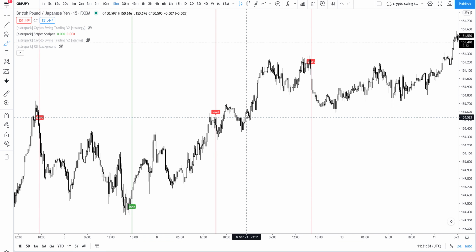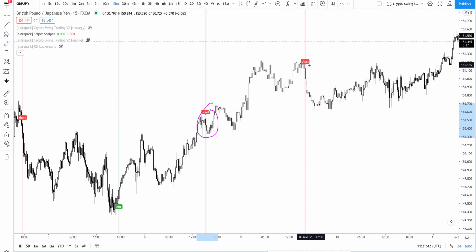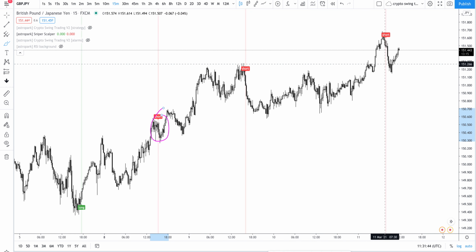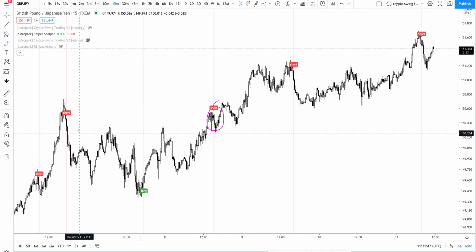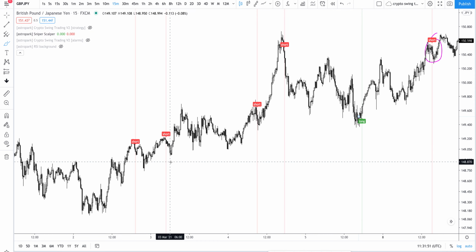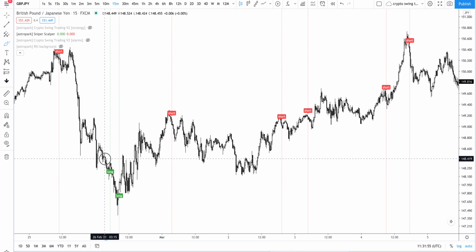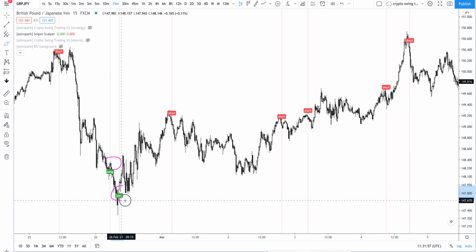For example, this of course was not a good scalp, but this was really a good one, a good one, again a good one. This was not a good long, but this was. So you can make a lot of profit.